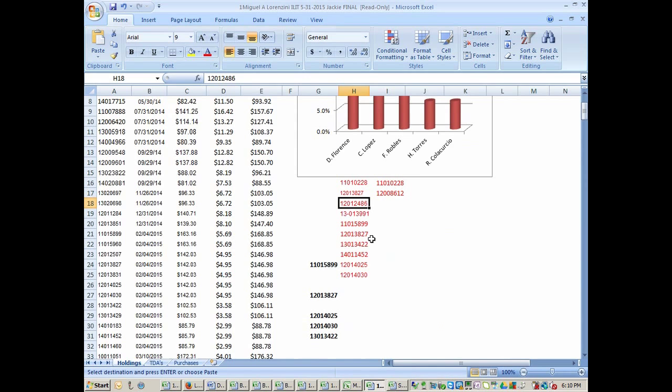Let's try 210, that's another one. So let's look that up. 210. Okay, so that's the master certificate number, and yeah, that's it right there. So that did not need to be deposited on the holdings.